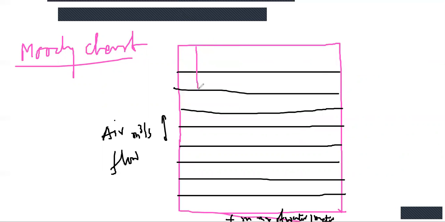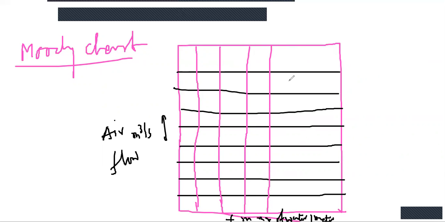And this axis is friction factor in terms of mm of water per meter, per unit of length. Okay, this is friction factor.